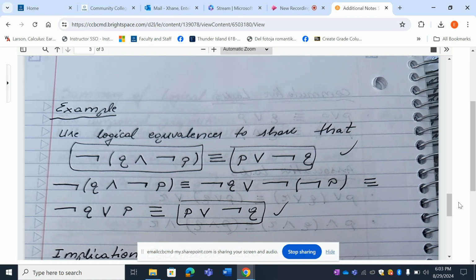Then pay attention to another law, the double negation law: negating not P becomes a P. So now we have not Q or P, which is equivalent, using the commutative law for the disjunction, to P or not Q, making the two statements the same.